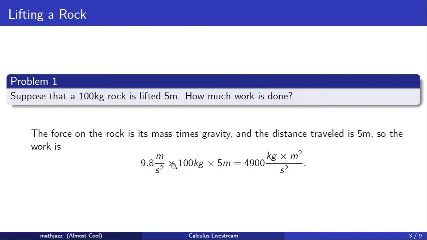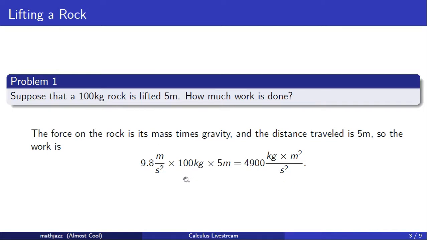We have here 9.8 meters per second squared times 100 kilograms. That's the force. To get the work, we multiply force by distance, so we multiply that by 5 meters, and we end up with 4,900 kilogram meters squared per second squared, which I believe is in joules. I think work is measured in joules.